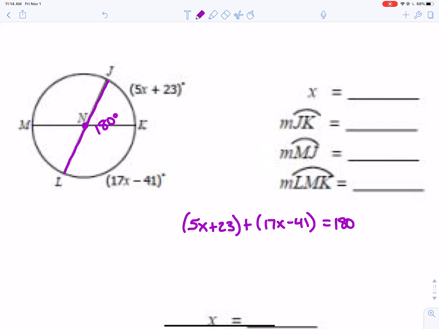All right, so 5x plus 17x would be 22x. 23 minus 41 is negative 18. And that's all equal to 180. So if we add 18, we get 22x is equal to 198, and then divide 198 by 22.